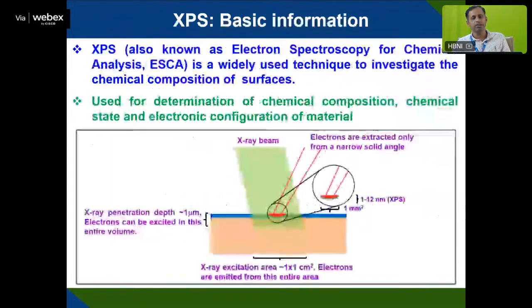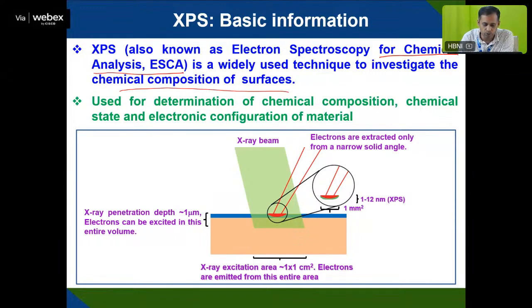XPS is also known as electron spectroscopy for chemical analysis. From the term, for chemical analysis, it is mainly useful to get information about the elemental composition and oxidation state. It is a widely used technique to investigate the chemical composition of the surface, and is used for determination of chemical composition, chemical state, and electronic configuration of the material.